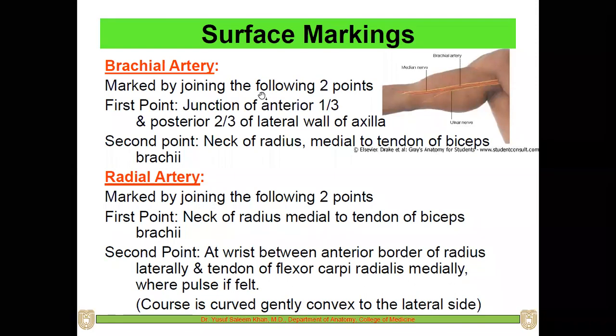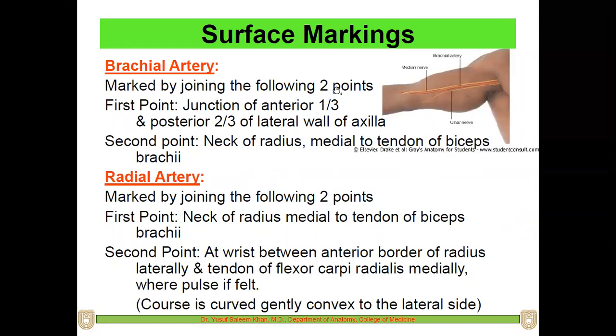So it will go towards the lateral side, up to the wrist joint between the anterior border of the radius laterally and the tendon of the flexor carpi radialis, where you can put your fingers and try to feel the radial pulse.